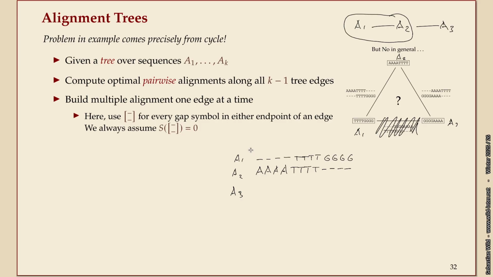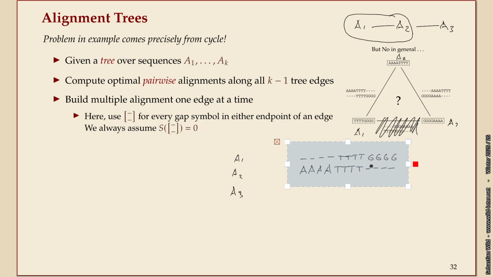Now we'll need to make some room. The alignment I have with A3 and A2 would say I have AAAT, I have 4 gaps. And then I'm putting my string A3 below here.